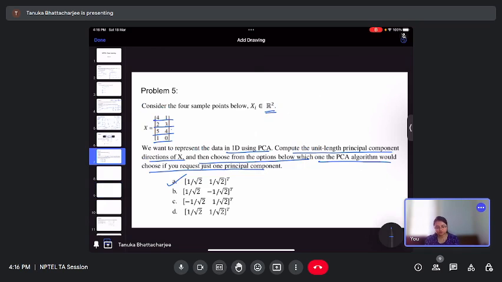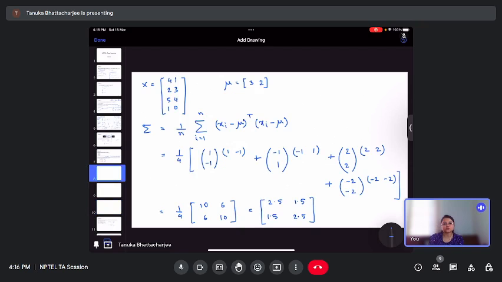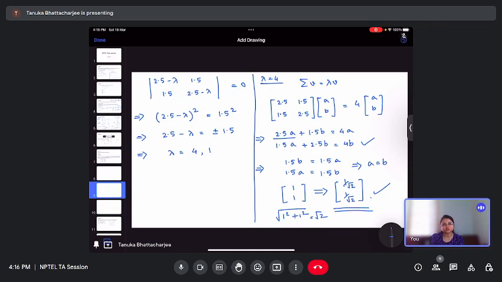So this was the correct answer, as we mentioned last week also, that 1 by root 2 will be the principal component which will be chosen. So I guess whatever doubt was there in the calculation last week, that is resolved now. If any of you have any doubt, you can put it now.